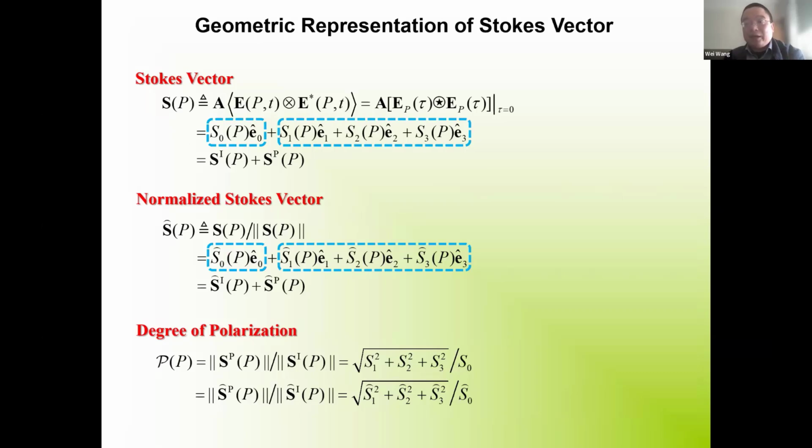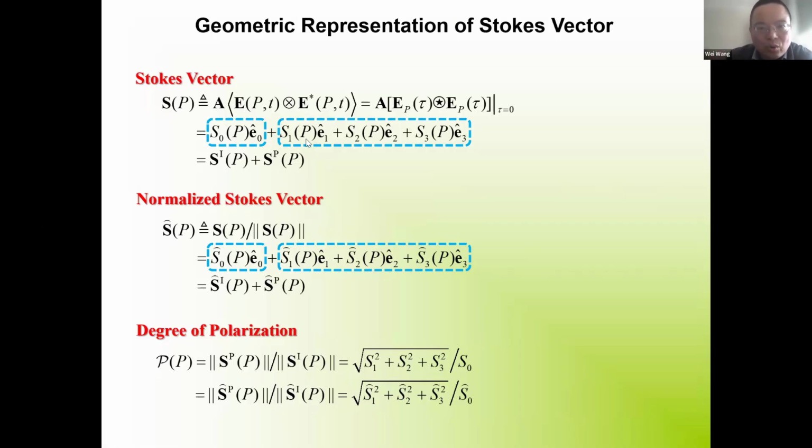Similarly, we can also provide another geometrical representation, of the Stokes vector. The Stokes vector can be written in this way.